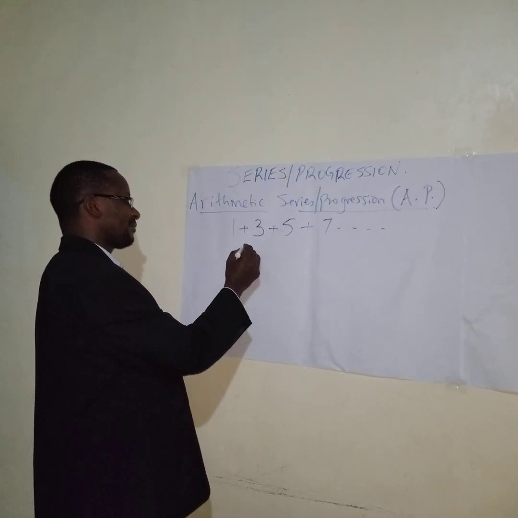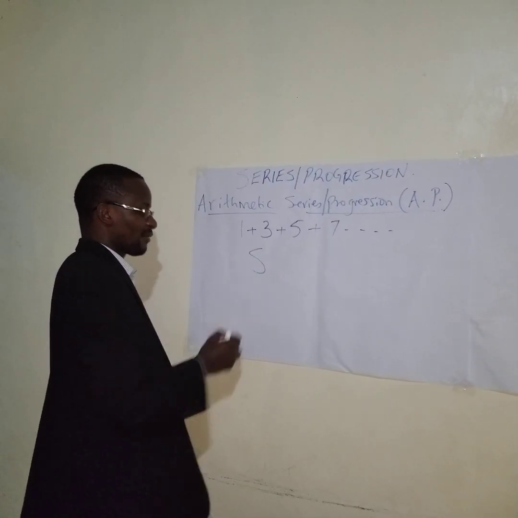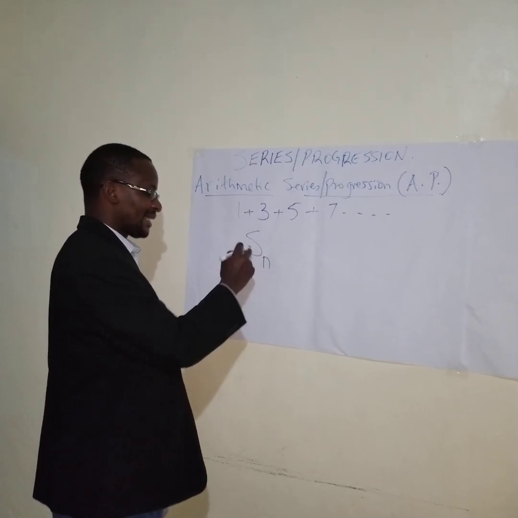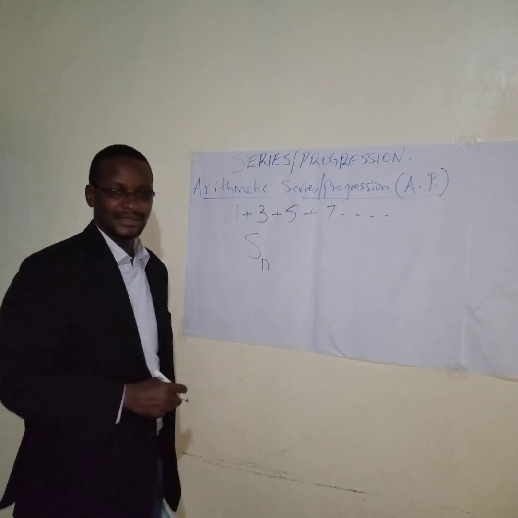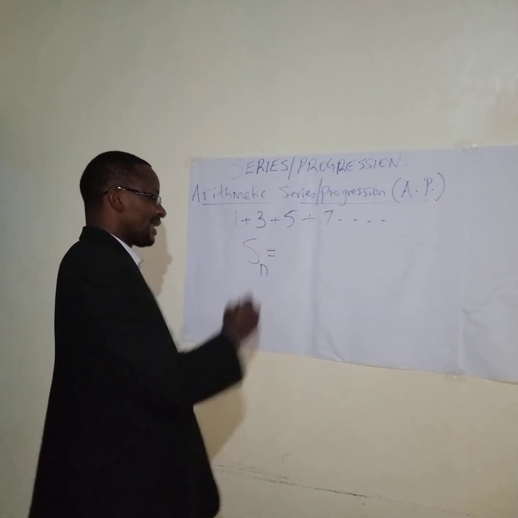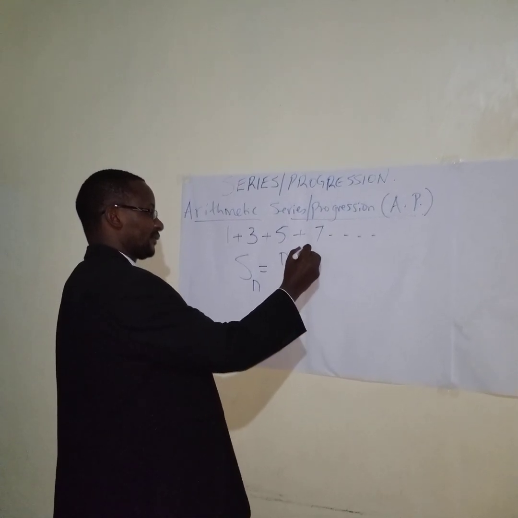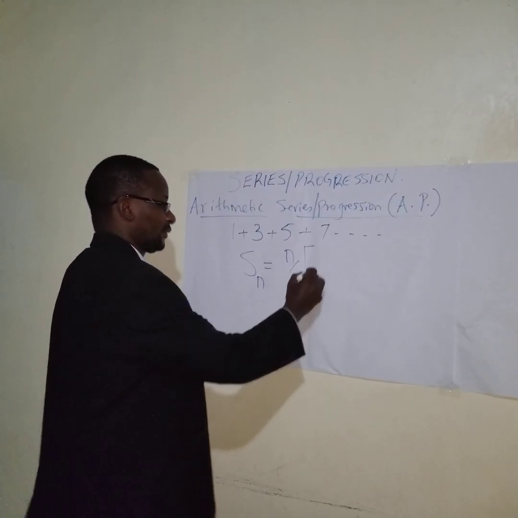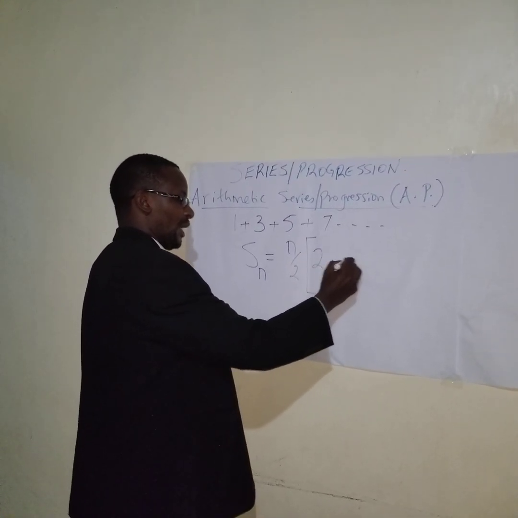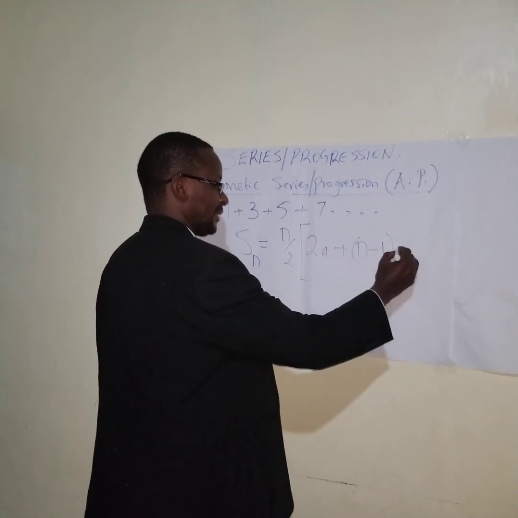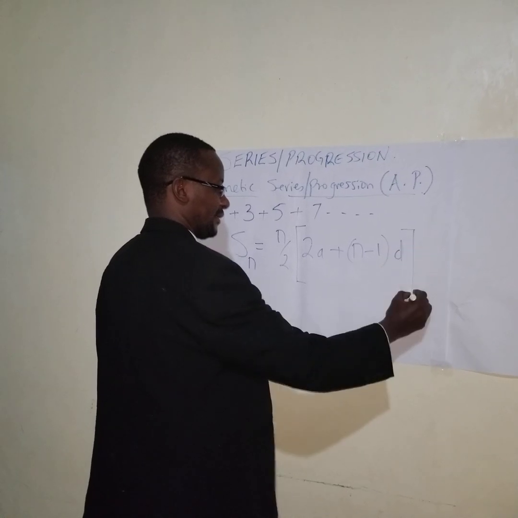The sum, we will symbolize sum with S. Sum of n terms, Sn means sum of n terms, will be given by the formula n over 2 times 2a plus n minus 1 d.